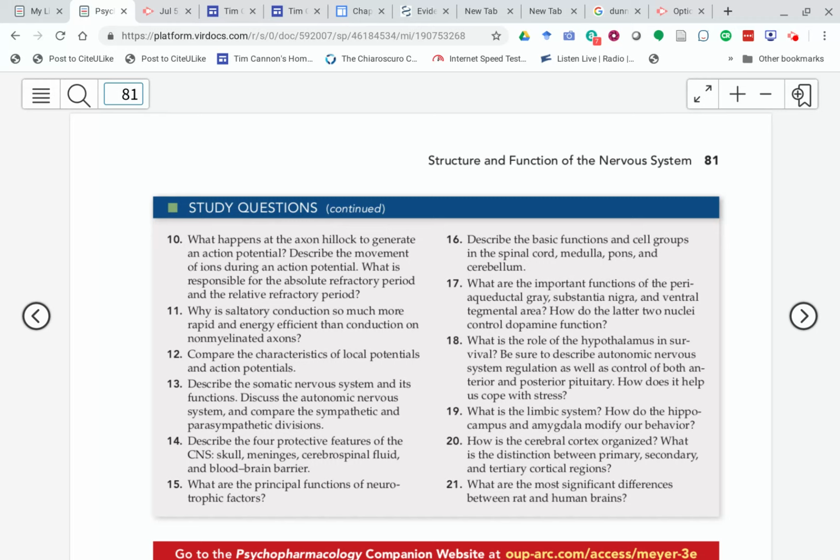I'm a big fan of CSF. The brain would be in total trouble if it weren't floating in salt water. There was a woman who got a spinal tap and they didn't detect that her CSF pressure was through the roof.